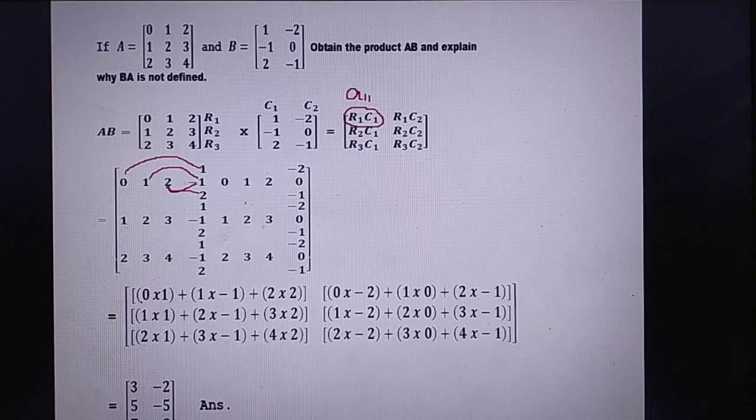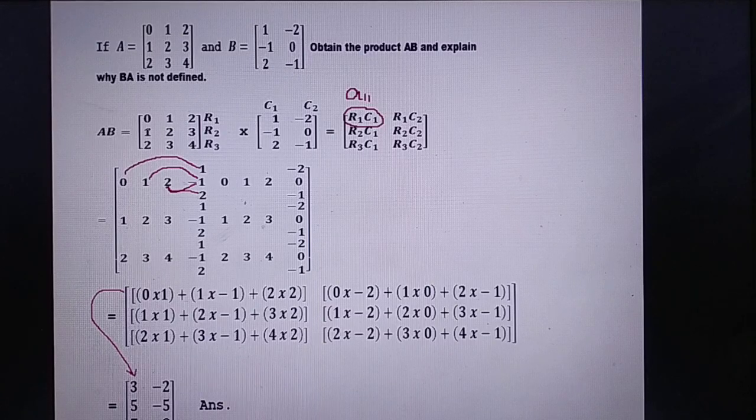And here is the execution: 0 multiplied by 1 plus 1 multiplied by negative 1 and 2 multiplied by 2, and the result of this operation is the new element here, that is 3.